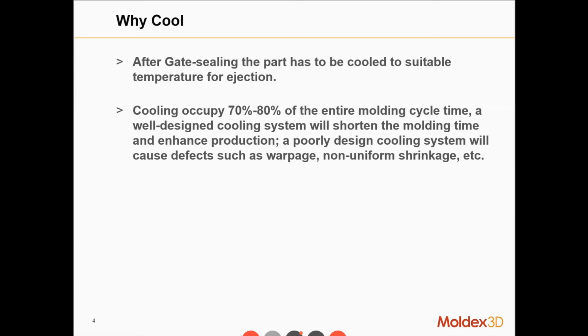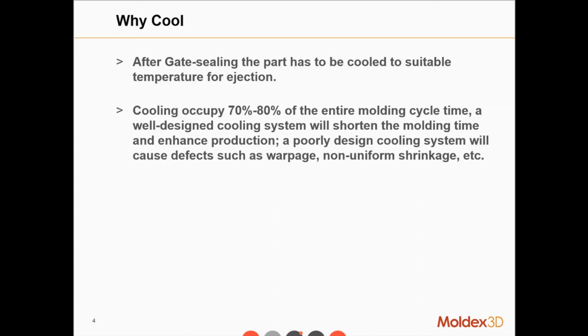Now, introduction. Why do we need cooling? As you know, after the gate sealing in the injection molding stage, which means the part has undergone the filling and the packing stage, the part has to be cooled to a suitable temperature for ejection. Cooling occupies 70 to 80% of the entire molding cycle.